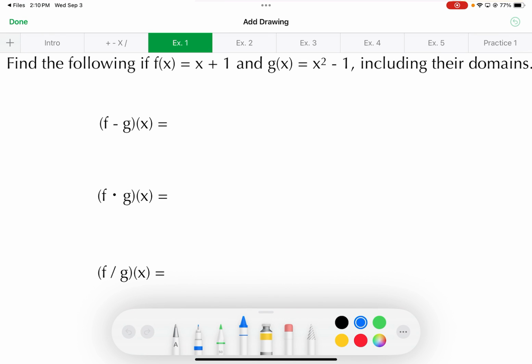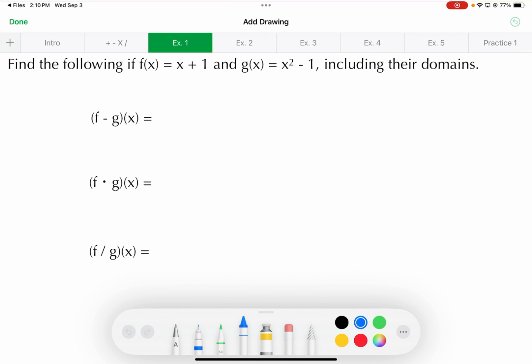All right, find f minus g of x if f of x is x plus 1 and g of x is x squared minus 1. So by the notation there, this is the same as saying f of x minus g of x. F of x is x plus 1. G of x is x squared minus 1.